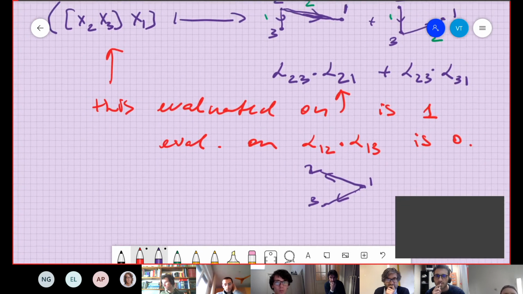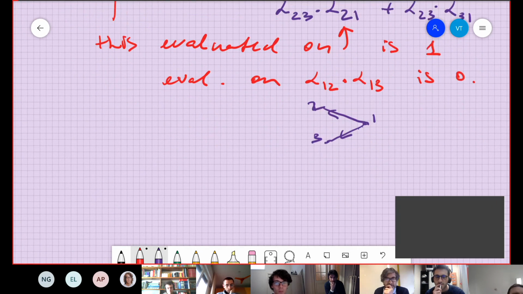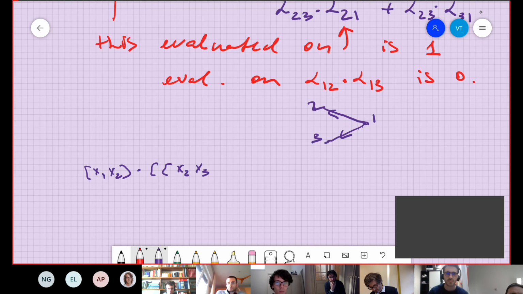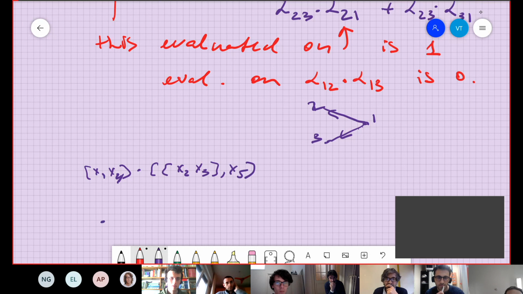A typical element in the homology is going to look like this, like x1, x4 times x2, x3, x5. You see that first of all we get a partition: 1 and 4 partition together, and 2, 3, and 5 partition together.